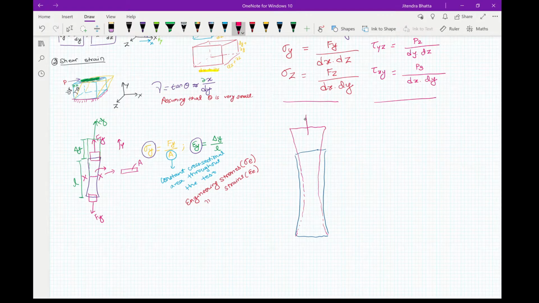When you pull a rubber band, you can observe that this section here reduces in area.